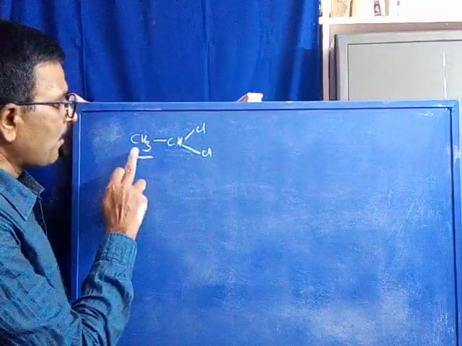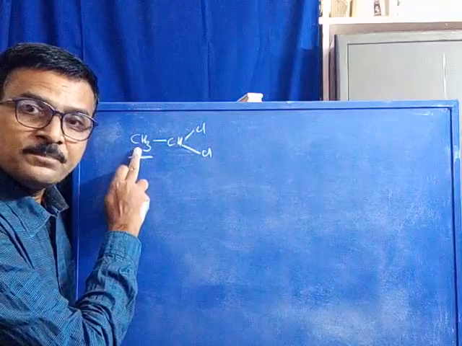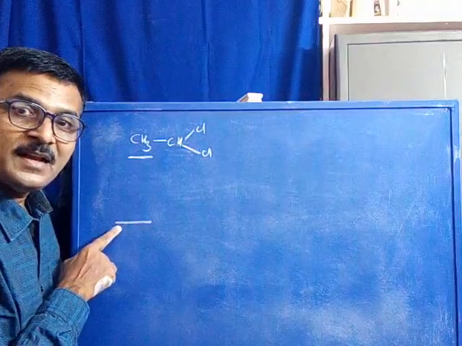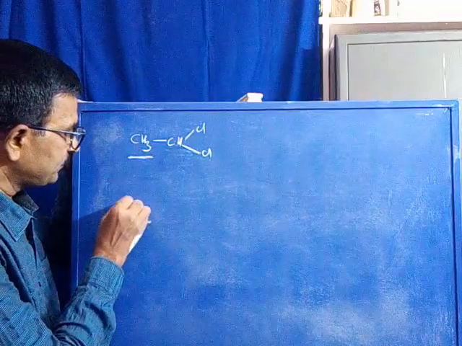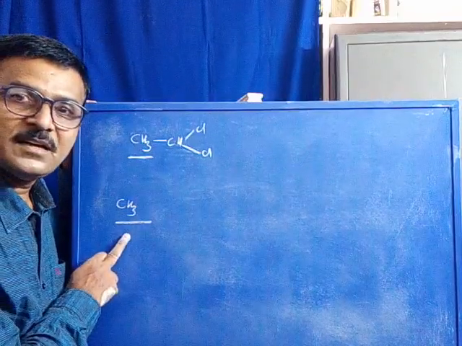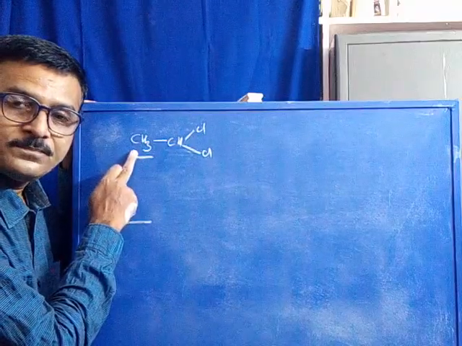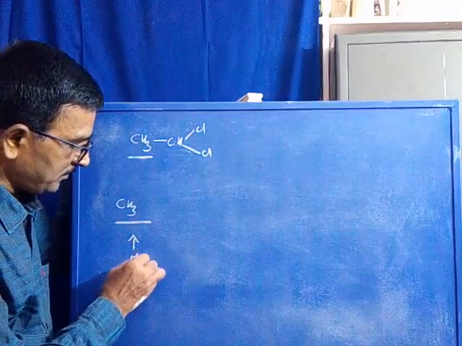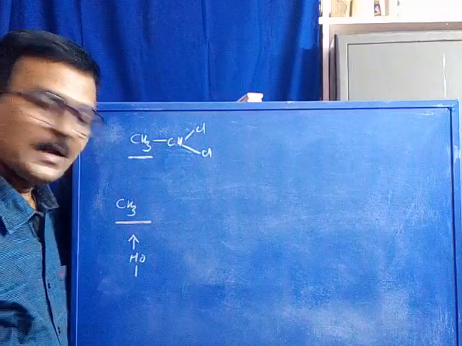Now, before coupling, a CH3 proton has a degenerate energy state. This is the degenerate energy state of the CH3 proton. When we apply an external magnetic field to the CH3, what happens?